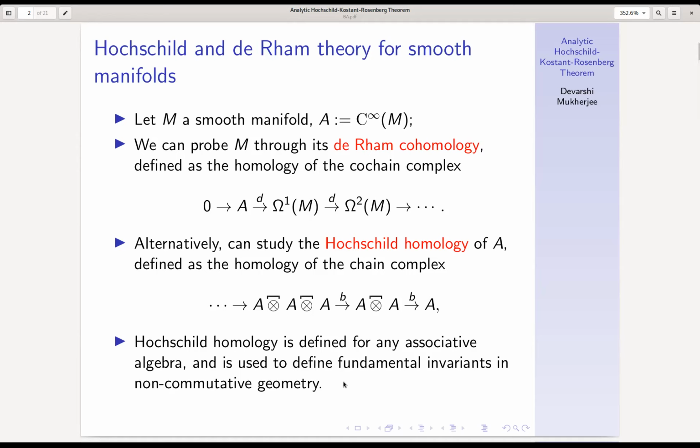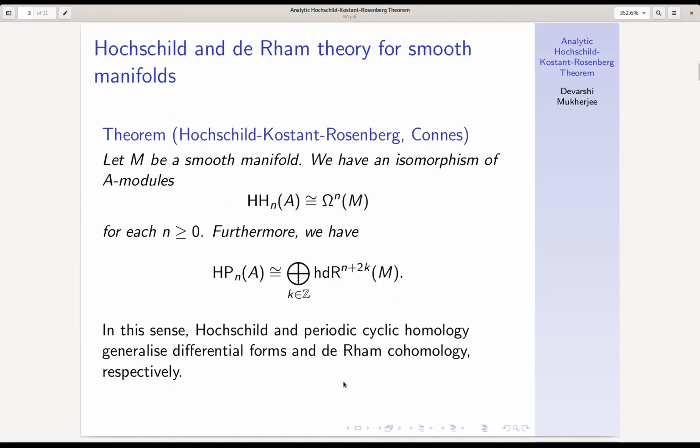Since this is a non-commutative seminar, it should be noted that Hochschild homology makes sense for any associative algebra. It's one of the more fundamental invariants in non-commutative geometry, which is used to define certain other invariants such as cyclic homology and periodic cyclic homology.